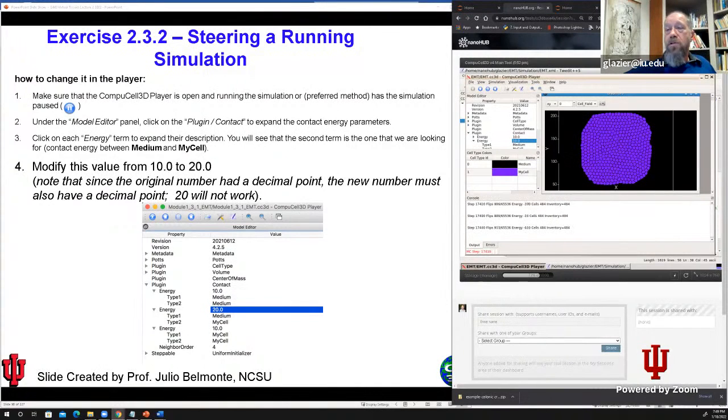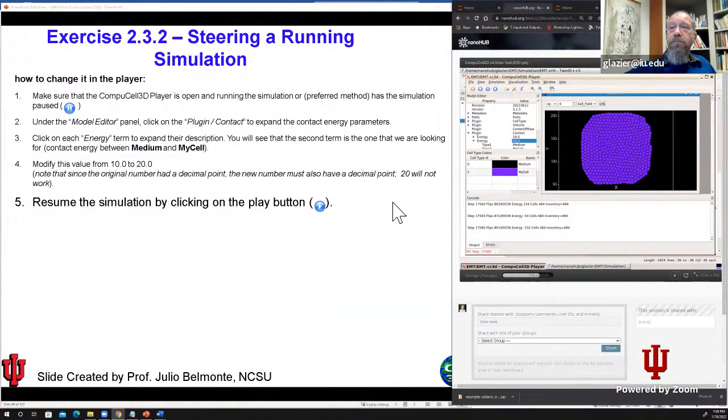You can't see a huge change here, probably. But you can see some change. And if I want to see what that change was, I could go back to 20 and see that the surface rounds up. See, the surface here is much smoother. If I make it 10 again, the surface will get a little bit rough.